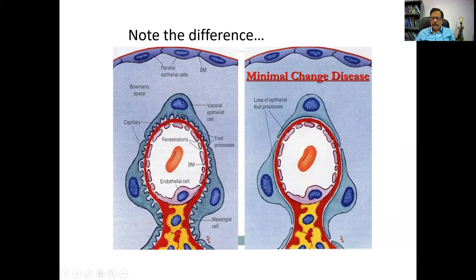There is a totally bald epithelial cell. There is no foot process that is seen. And they say that this is because of the edema. Because of the edema that is occurring over here, all the foot processes get fused together and hence they appear lost. So it is a minimal change disease, the morphology. Have this in mind.